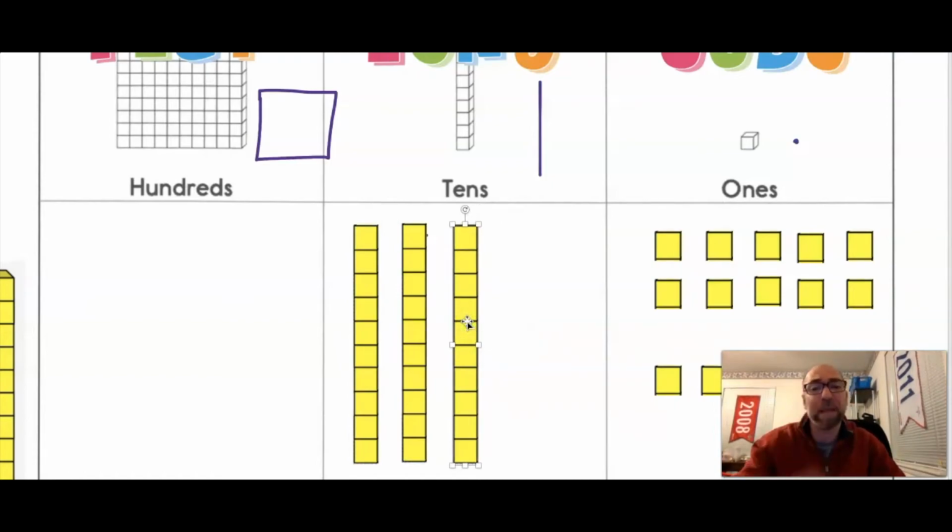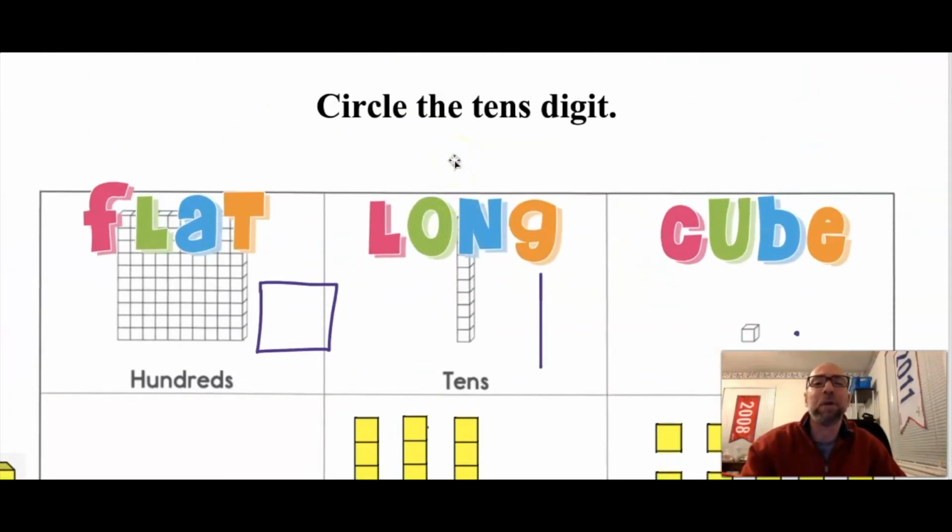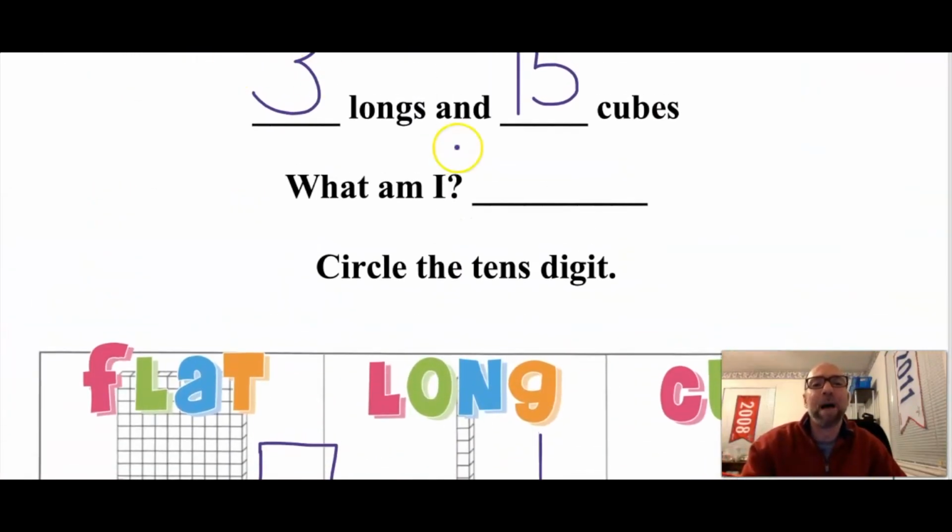Now I have to count by ones. 31, 32, 33, 34, 35, 36, 37, 38, 39, 40, 41, 42, 43, 44, 45. Let me go and write that. What am I? 45.